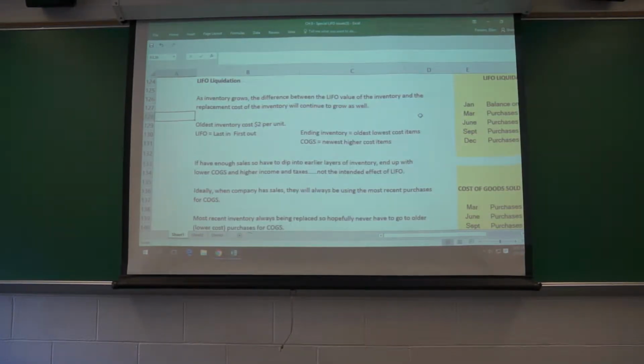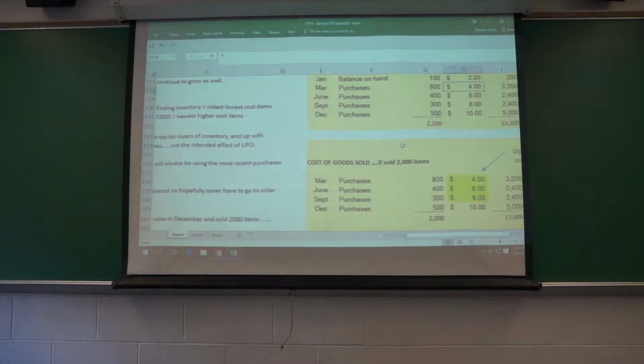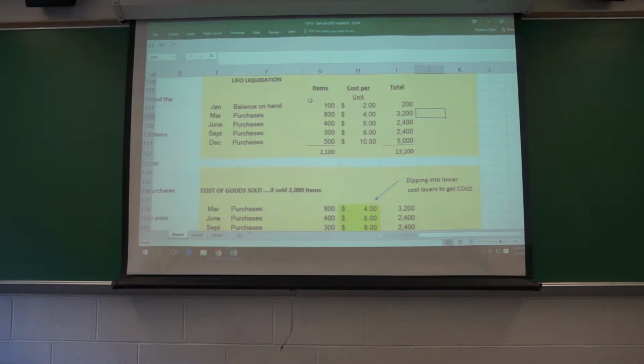Let's go back over here. Your oldest inventory was $2 a unit, last in, first out. Your ending inventory is the oldest or lowest cost items, and your cost of goods sold is your newest ones. If a company has more sales than they were planning on, and they sold 2,000 items, they'd be dipping into older layers.